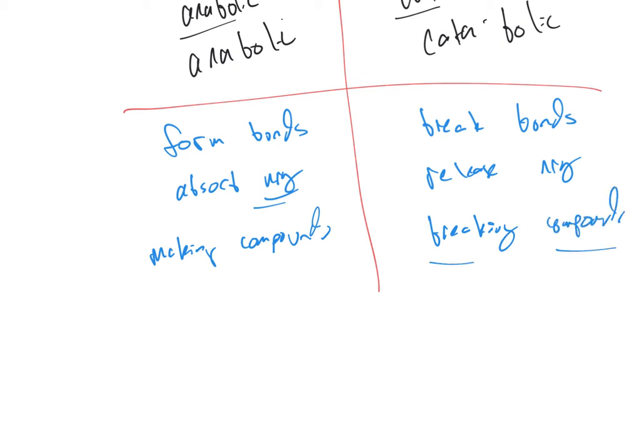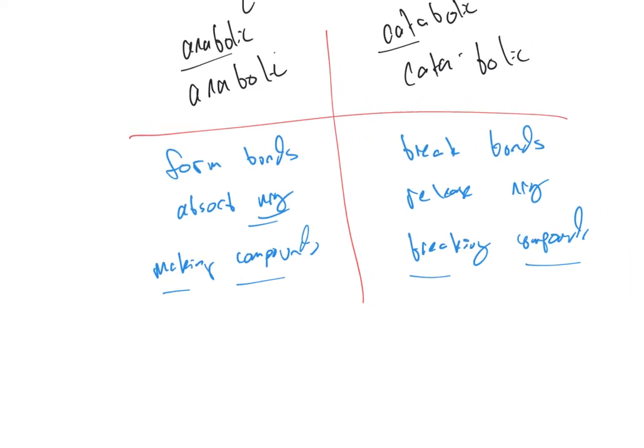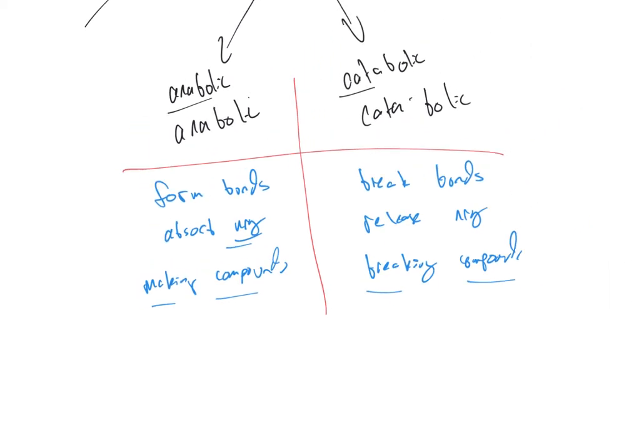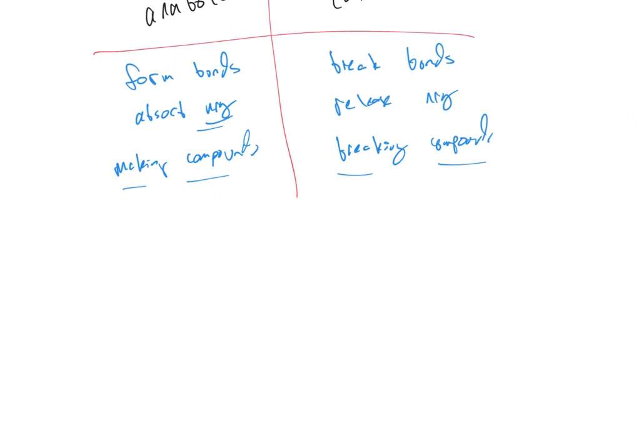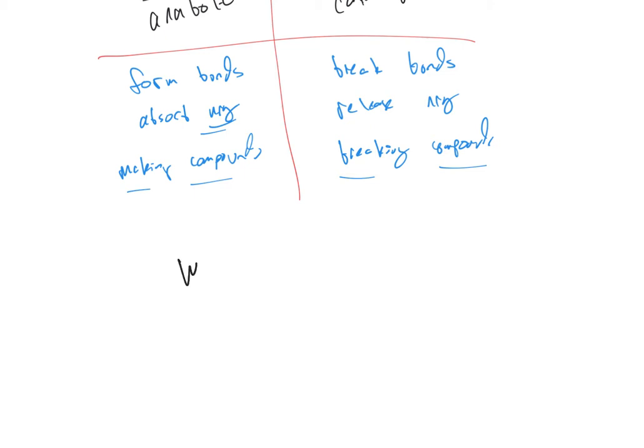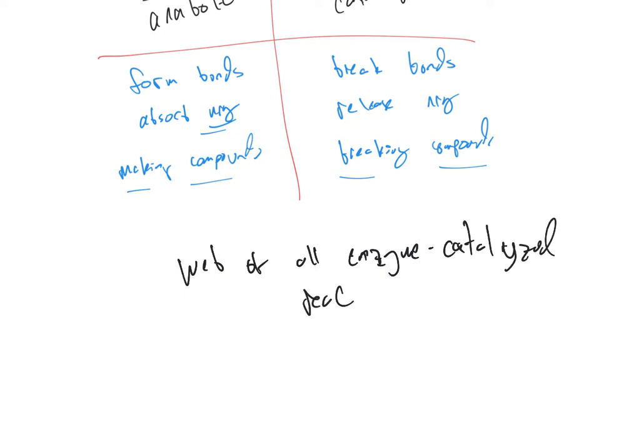I am going to do my best to avoid any fancy verbiage. If you want to look up definitions of metabolism, that's fine by me. One way to define it by the syllabus is that metabolism is a web of all enzyme-catalyzed reactions.